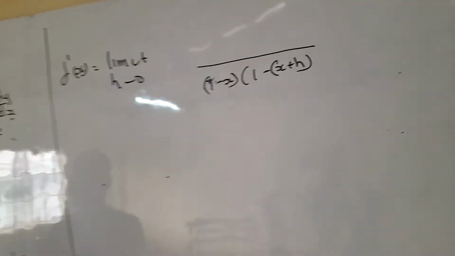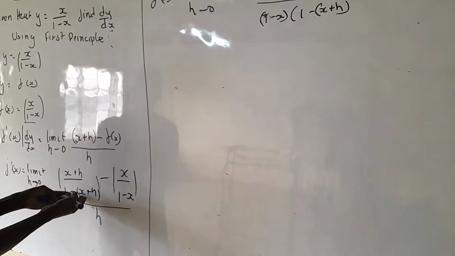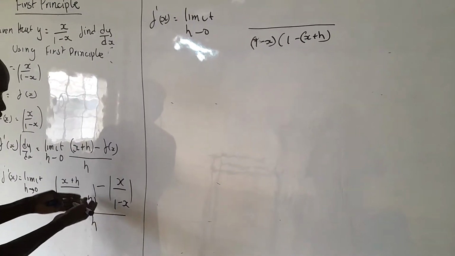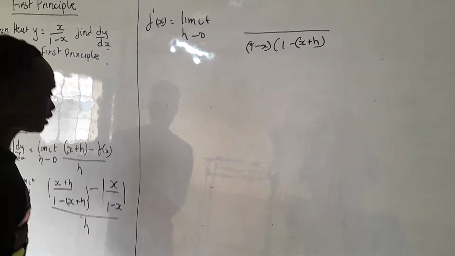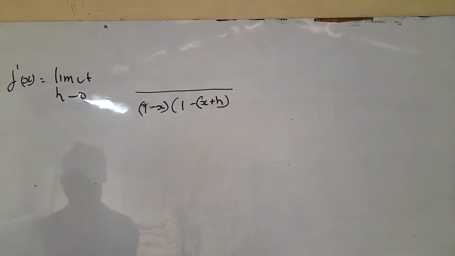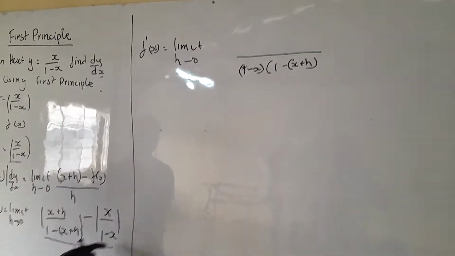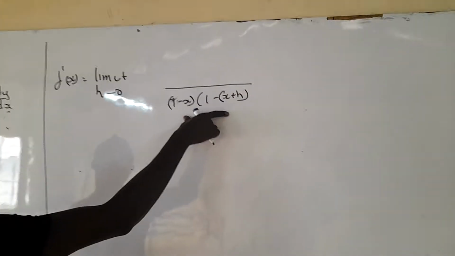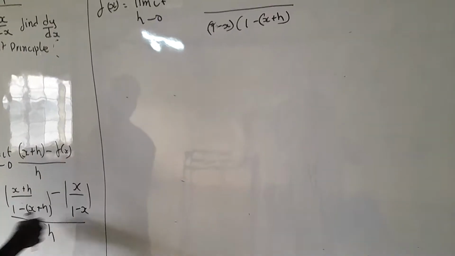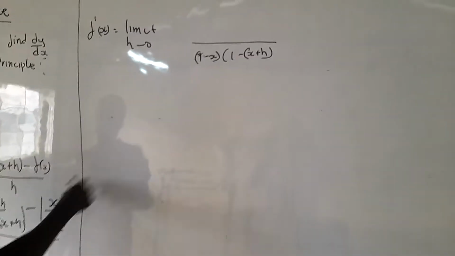So that's the LCM between 1 minus x into 1 minus x plus h, and 1 minus x. So then you will start by looking at this. 1 minus x plus h is going into this LCM how many times? You'll find that this and this will cancel, such that we'll have this one.